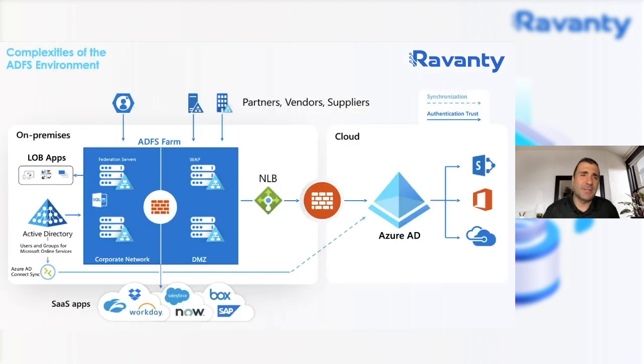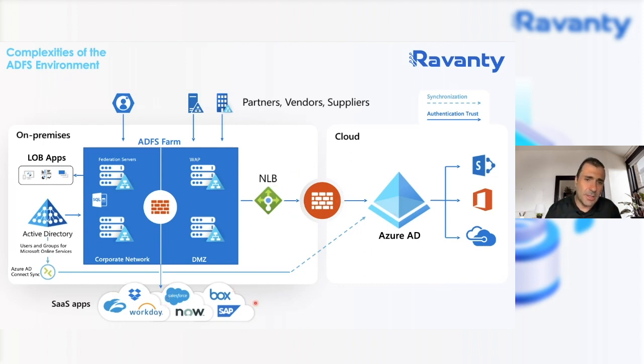Now, looking at some of the complexities of the ADFS environment, here we have a typical ADFS environment. As you can see, you have partners, vendors, and suppliers. You have your ADFS farm. I'll open the pointer here to show you as I talk through some of these items. You have your ADFS internal servers. We have your external servers in the DMZ. You have to set up a network load balancer. You have your firewall.